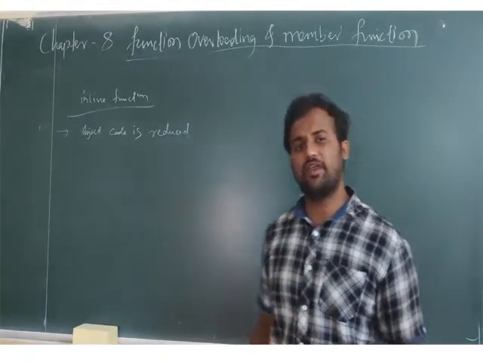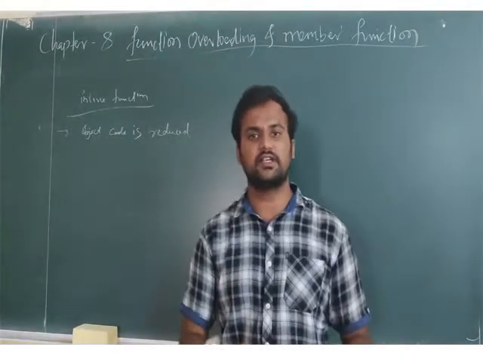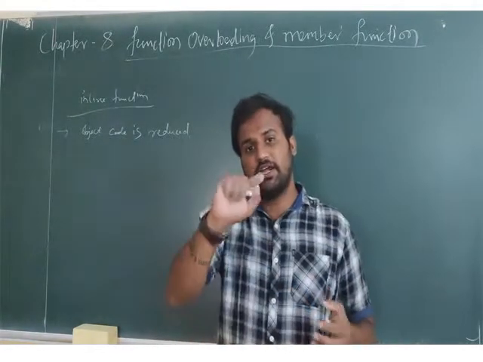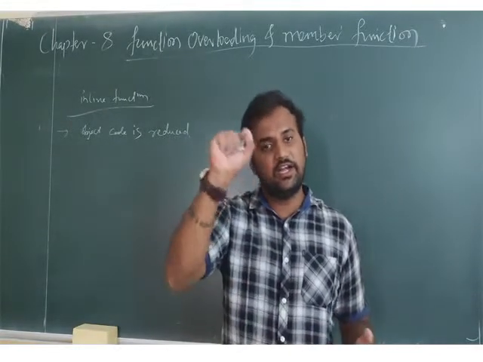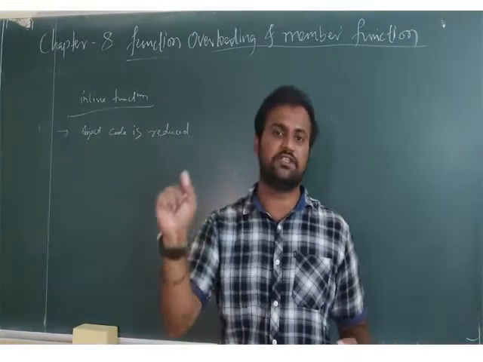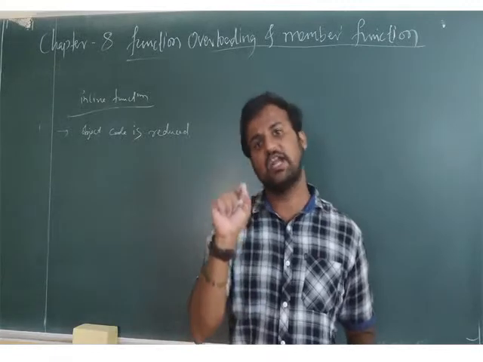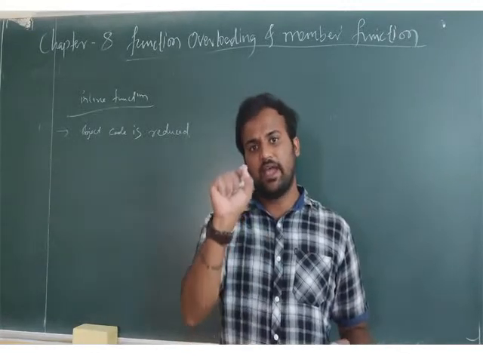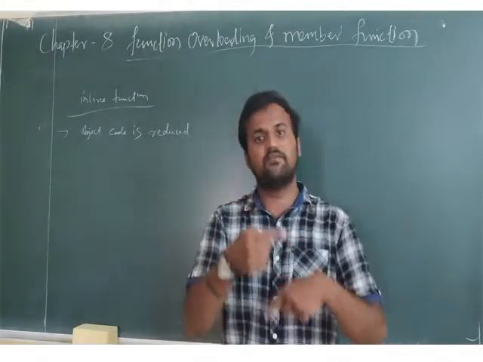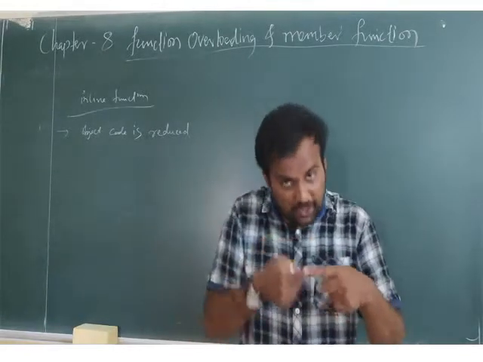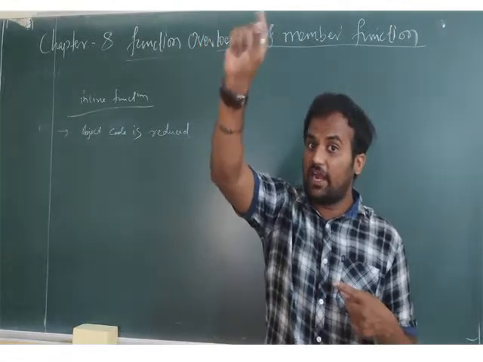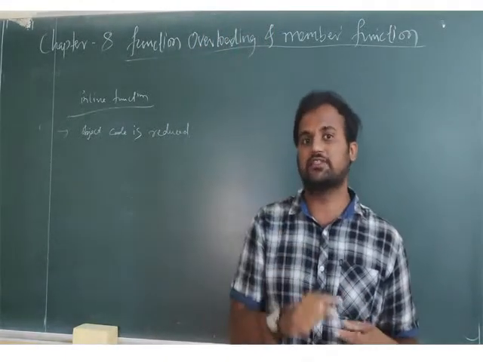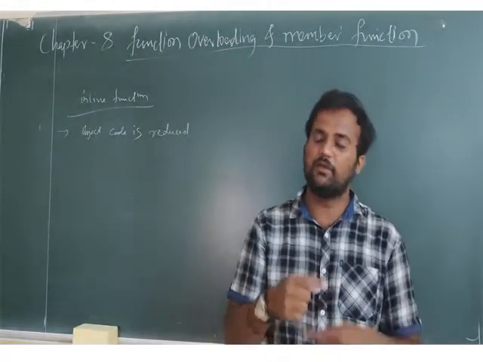Why should we write inline? The reason is very simple. Whenever we write inline, I-N-L-I-N-E, it indicates that it is a single line function, or a 2-3 line function, and the compiler automatically understands the code written as inline and it will execute faster.